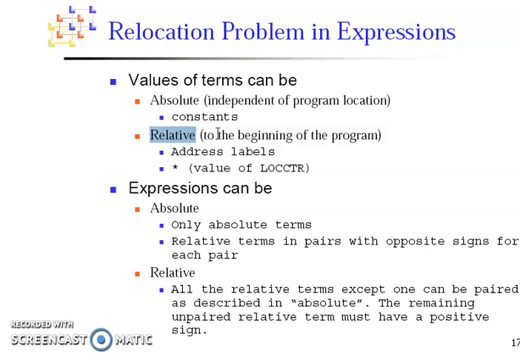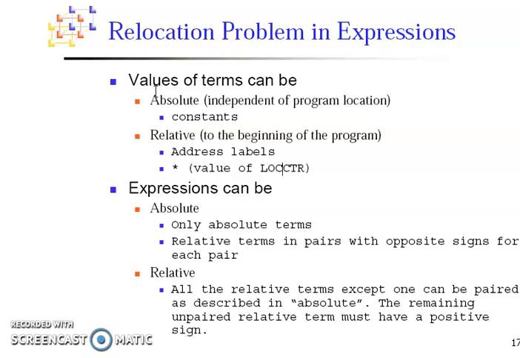Relative means it is based on the beginning of the program, so if an address label or a star depending on the LOCCTR value is placed in the operand field, then when the program is relocated to some other memory location, relocation should be done for those labels.